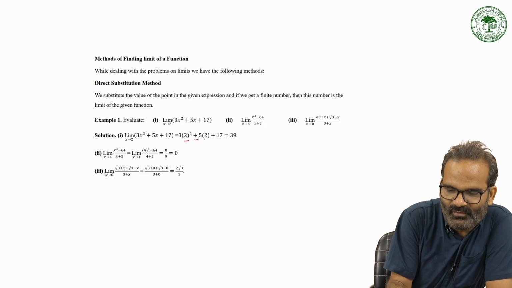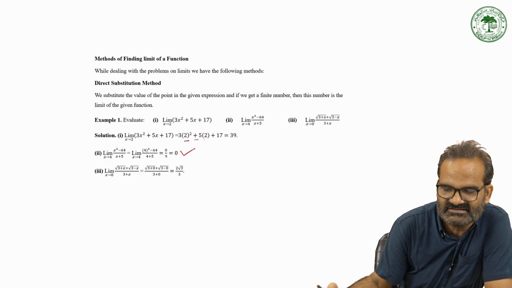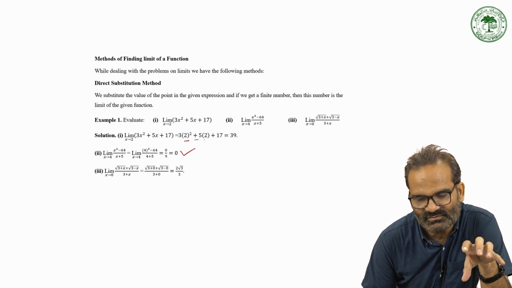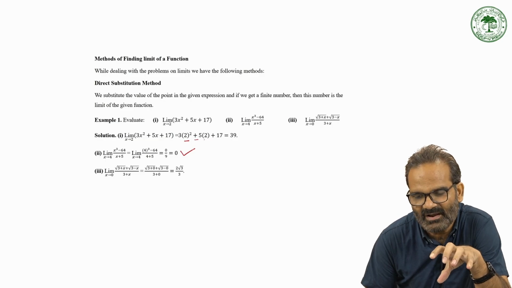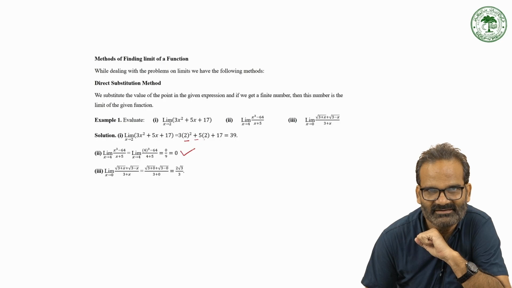So 4 into 4 into 4, that is 4 power 3, minus 64. In the denominator 4 plus 5 is 9. 4 into 4 into 4 is 64, 64 minus 64 is 0, and 0 divided by 9 is 0. So whenever x approaches 4, the function approaches 0. So 0 is called its limit, right?